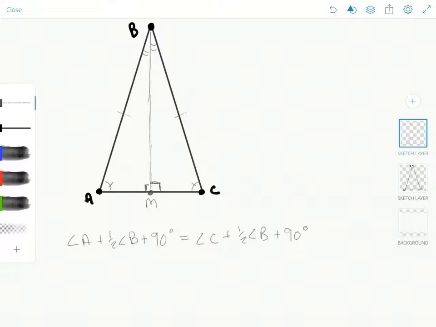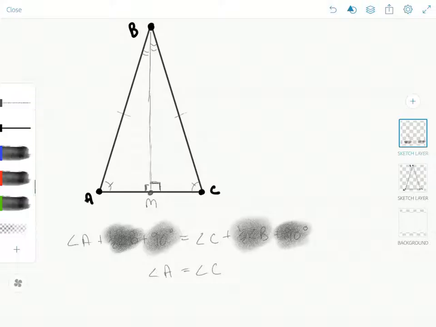And then we can just solve that equation algebraically. Subtract off 1/2 B from both sides, subtract off 90 degrees from both sides, and all you're left with is angle A is equal to angle C. So there's one argument for the reason why the base angles of an isosceles triangle are congruent.